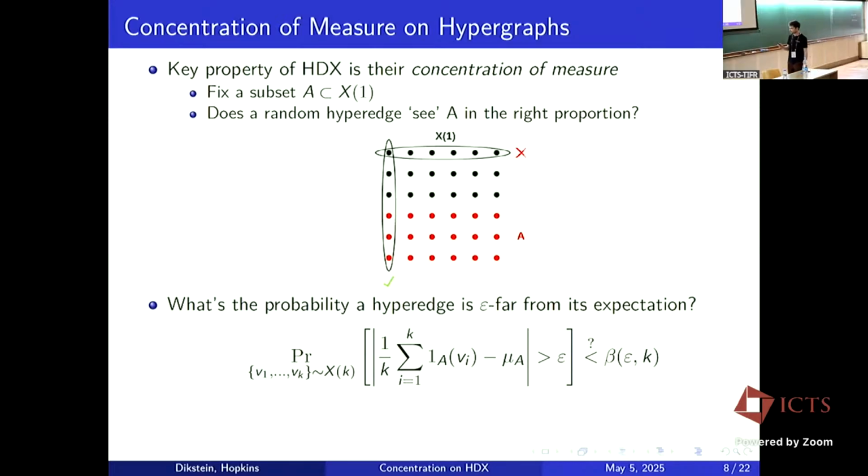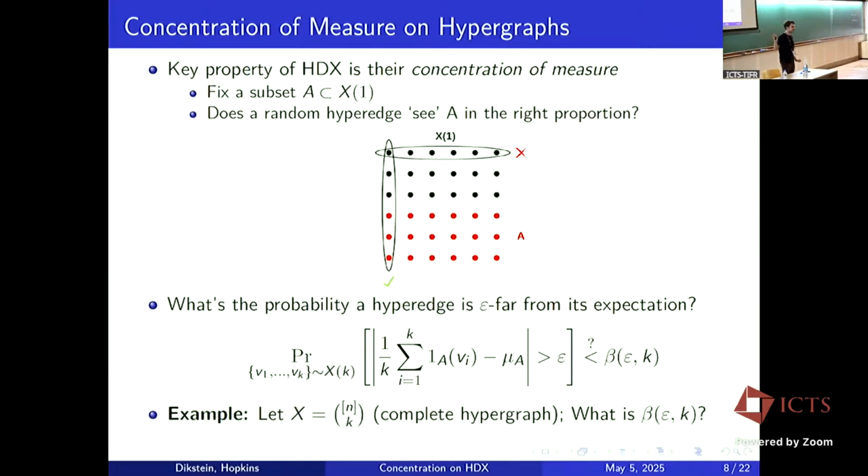Thanks. Okay, somebody who is not in the school, can somebody tell me if I let X be the complete hypergraph? I take all possible K sets. Think of N as way larger than K. So essentially, I just draw independently from this picture K random vertices. Somebody tell me what is the value of beta epsilon K, roughly? What's the form of, yeah. Yes, this is Chernoff or Chernoff-Hoeffding, right?